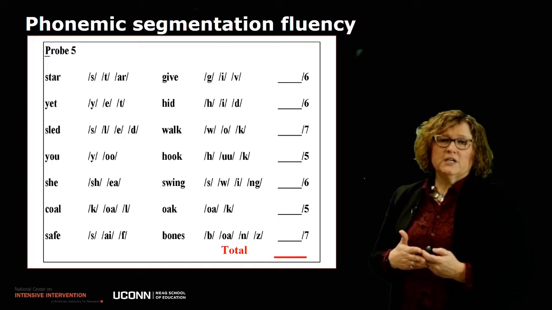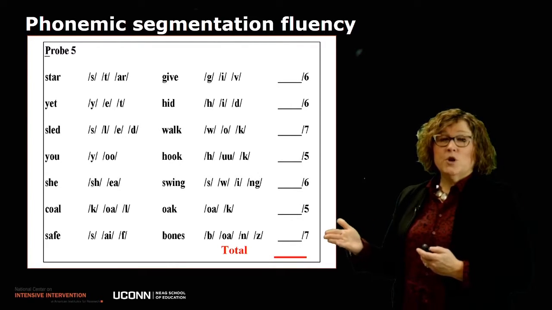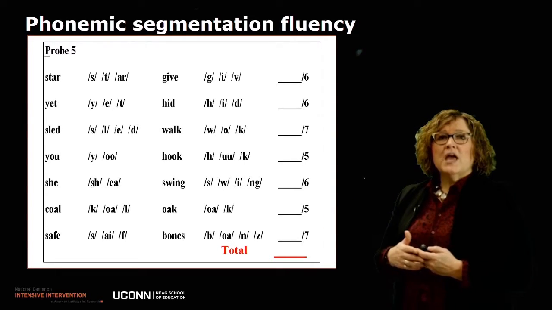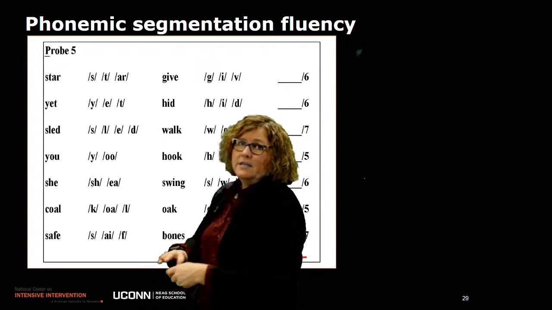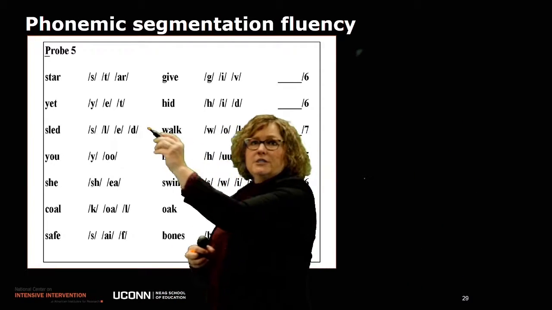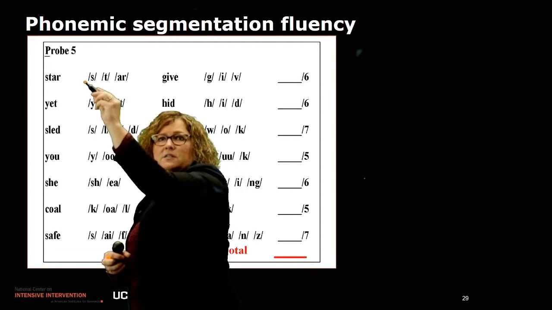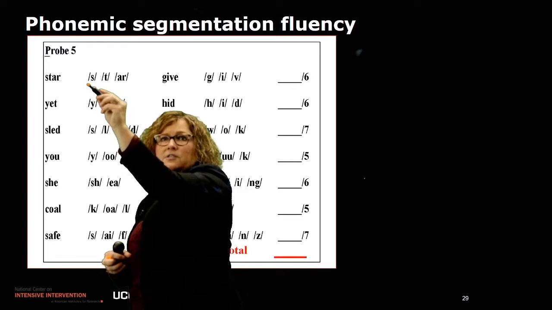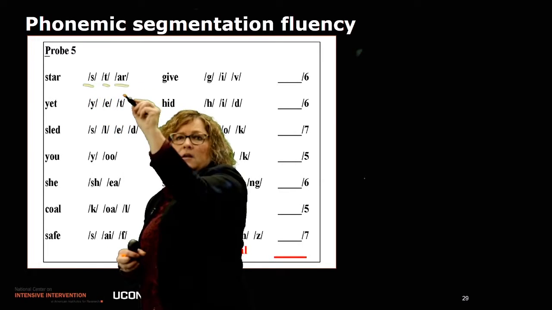So the teacher would give the word like star, and we would be hoping that the student would say s, t, r. As the teacher is administering the measure, he or she can put a little line underneath the sound components that the student says correctly. So, s, t, r.